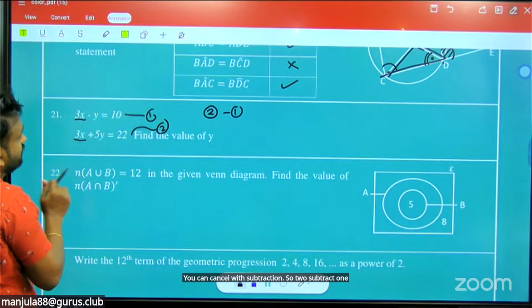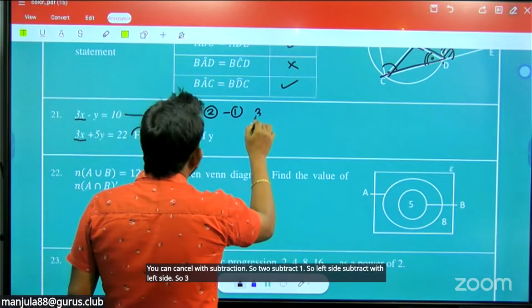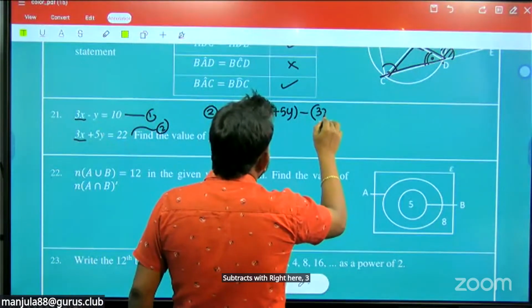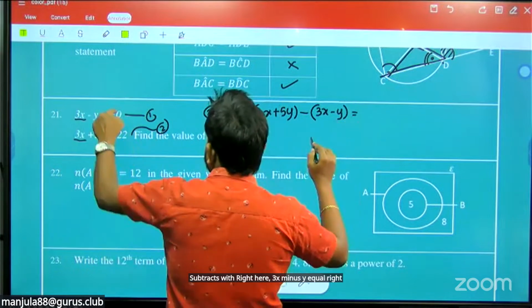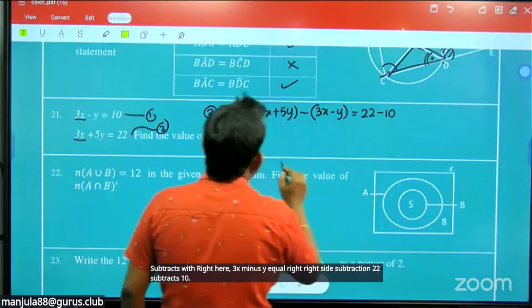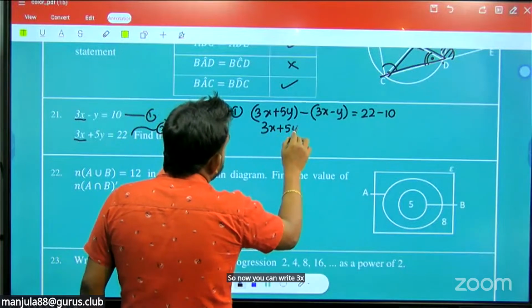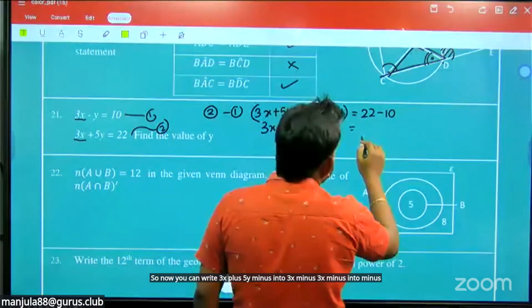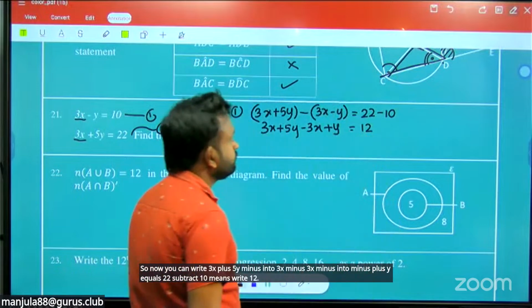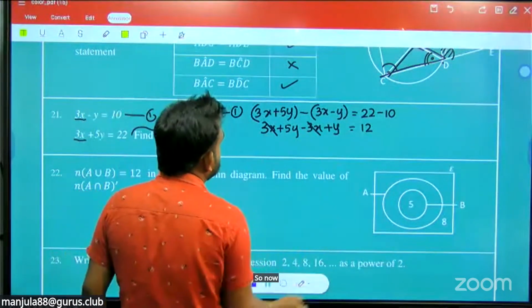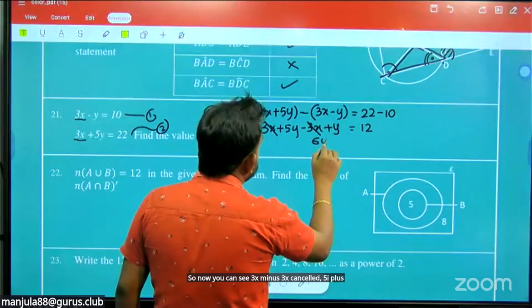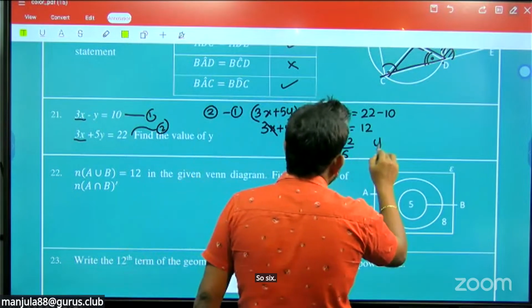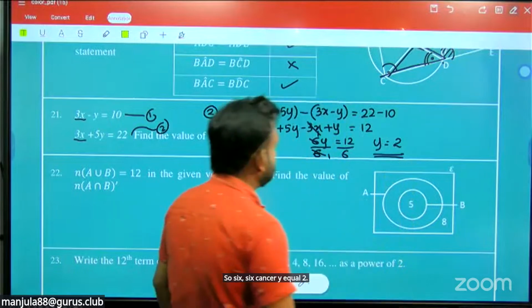Left side subtracts with left side: 3x plus 5y minus 3x minus y, and on the right side, 22 subtract 10, which is 12. Now 3x minus 3x cancels, and 5y plus y gives 6y equals 12. Divide by 6, so y equals 2.